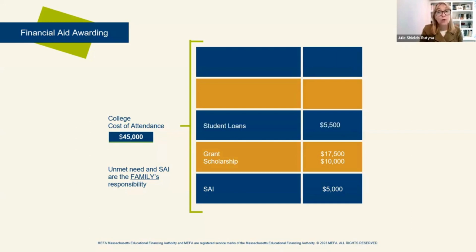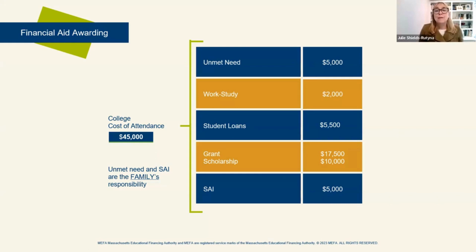A student loan, the maximum student loan for a freshman, of 5,500, and a work study allotment of $2,000. But that's all that I have in my budget for you, the student. So there is going to be some unmet need that I'm not able to cover with the financial aid offer.